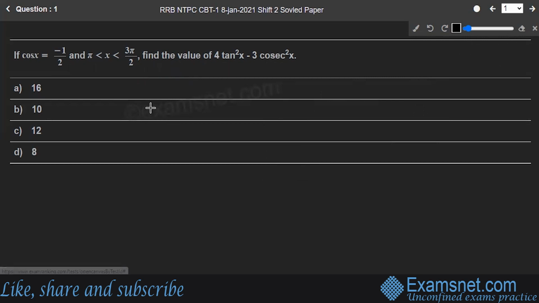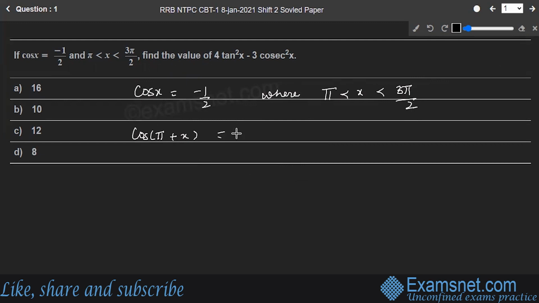So first, you are given that cos x is equal to minus 1 by 2, where x lies between pi and 3 pi by 2. You know one formula, that is cos of pi plus x is equal to minus cos x, because x lies between pi and 3 pi by 2.